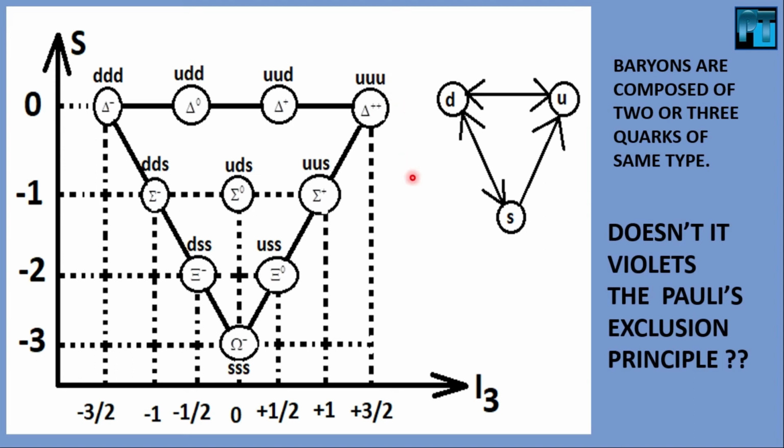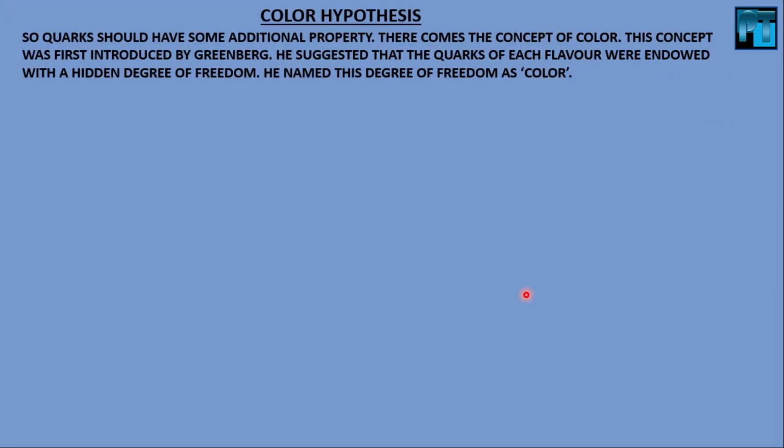Now the quark model is experimentally verified, but theoretically it is violating the exclusion principle. What next? Now to solve this problem, we have a new theory, the color hypothesis.